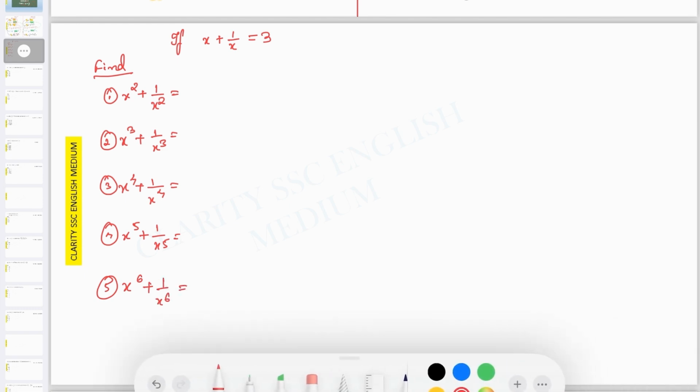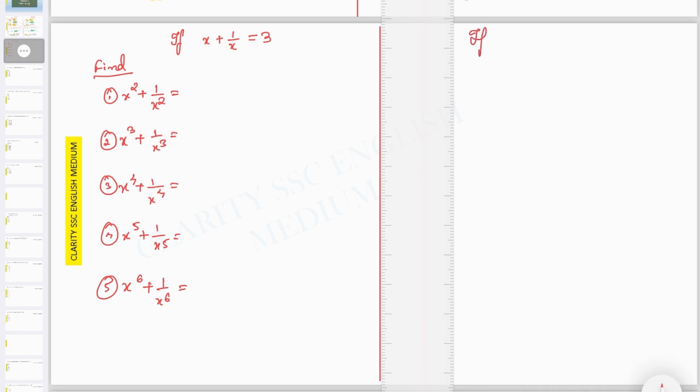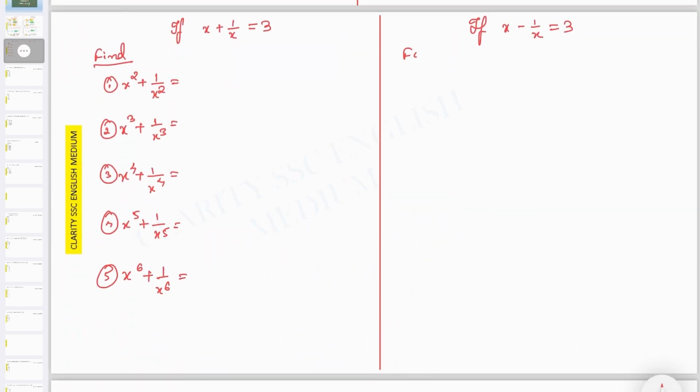And on the right side, let me give you some questions. If x minus 1 by x is equal to 3, then find what we need to find here. The first question is x squared plus 1 by x squared. And the second one is x cubed minus 1 by x cubed.